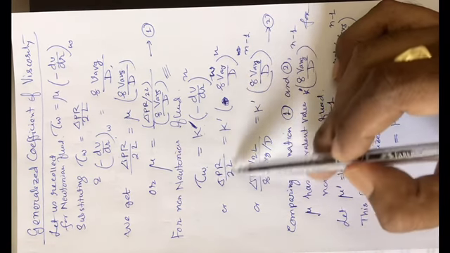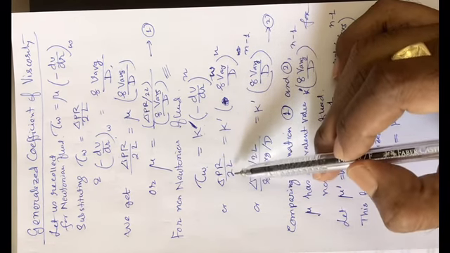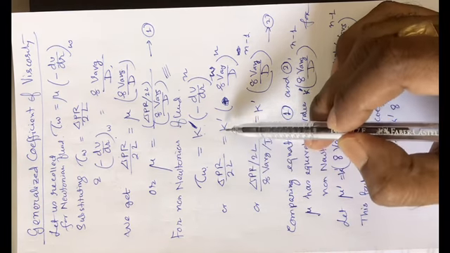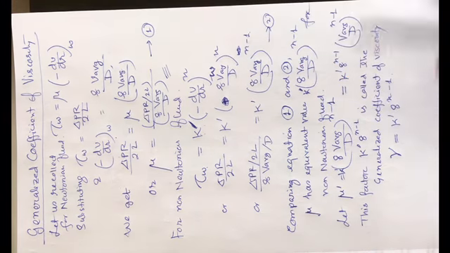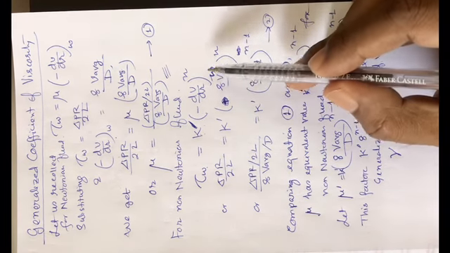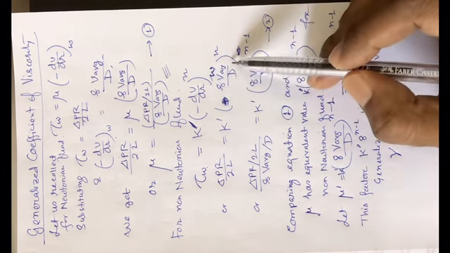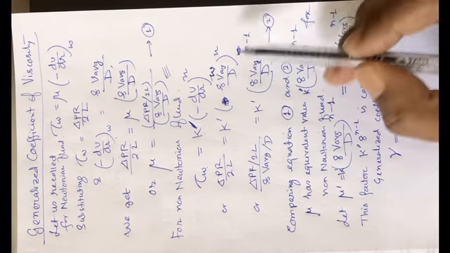So the left hand side is delta p into r by 2l, which is equal to k prime into (8 times V average by d) to the power n, that we have already done. Since it was at the wall, this is the expression, so we do not require to write w again.